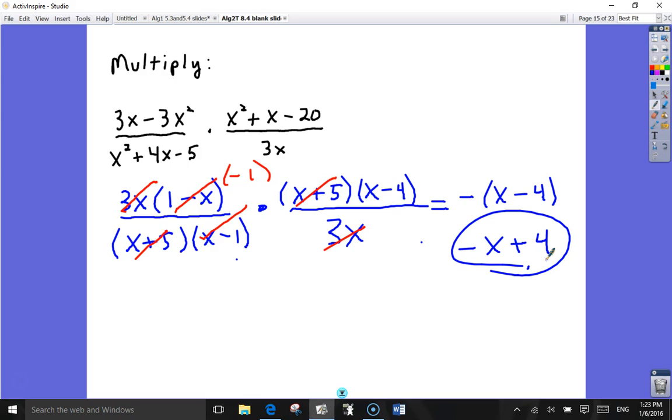Which values can x not have. In fact, we canceled the denominators, right? There's nothing left in the denominator other than a 1. But remember, you get it before you started canceling. That's where you say the domain. So x does not equal -5. x does not equal 1. x does not equal 0. There you go. So since there's more than one fraction, you got to check more than one denominator.